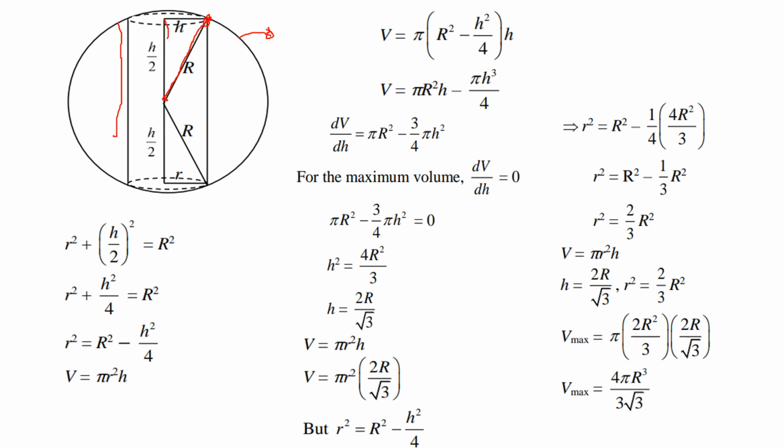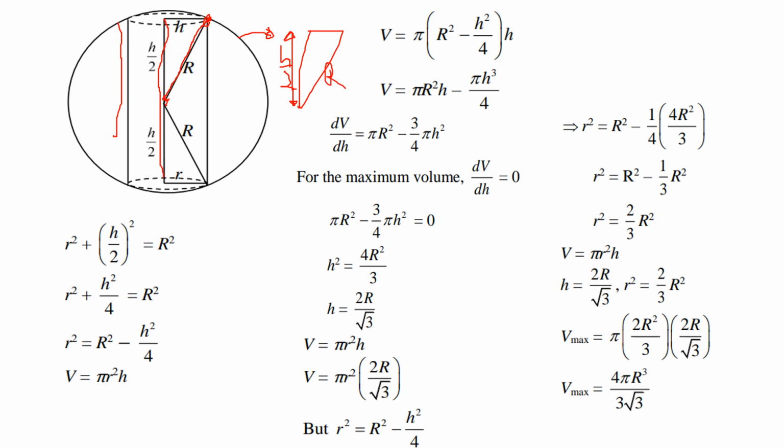So the whole of this is going to be the height of the cylinder. So we divide the cylinder by 2 so that we can get a right angled triangle in this form. And the height of this right angled triangle, or the opposite, is going to be h divided by 2, since we got the whole height of the cylinder and we divided by 2. And then the hypotenuse is going to be capital R.